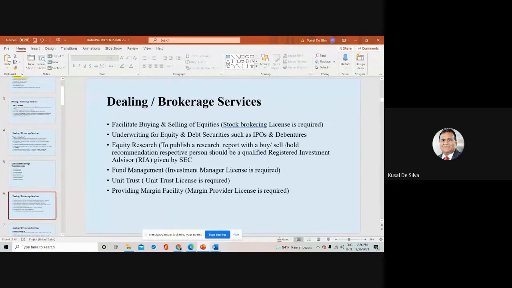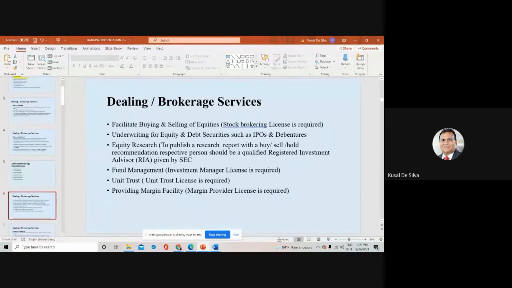Underwriting. Sometimes IPO, you must have heard this word, initial public offering. When companies want to list on the stock exchange, they do an IPO through an underwriter or dealer. What they do is prepare the prospectus on behalf of the company.